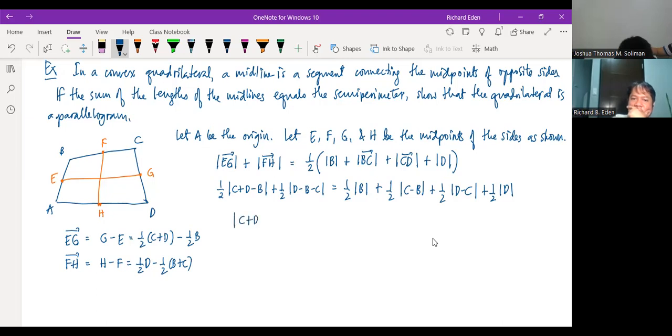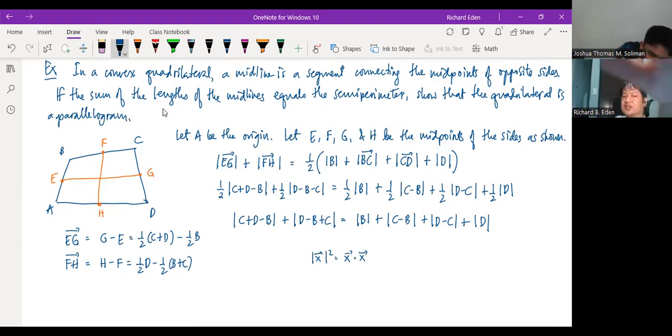Length of C plus D minus B plus length of D minus B plus C equals length of B, length of C minus B plus length of D minus C plus length of D. And if you're thinking of the fact that the length of a vector x squared is x dot x, the problem is there are so many vector lengths here.